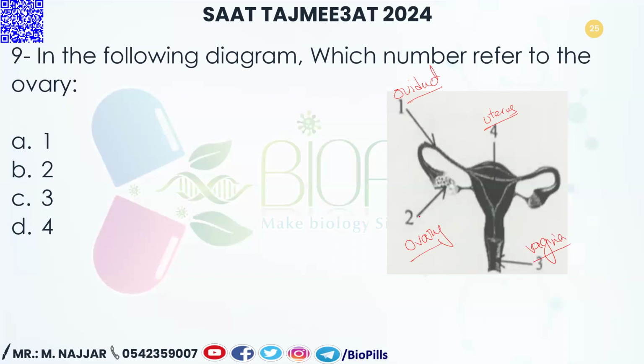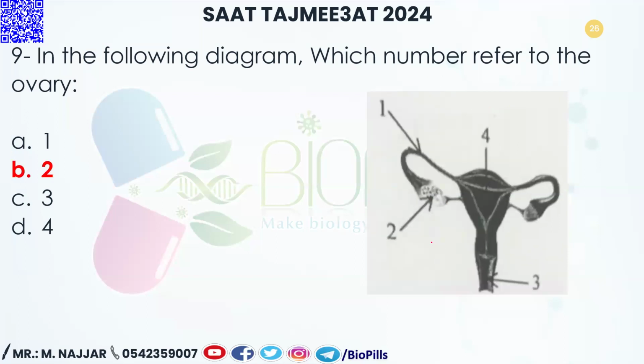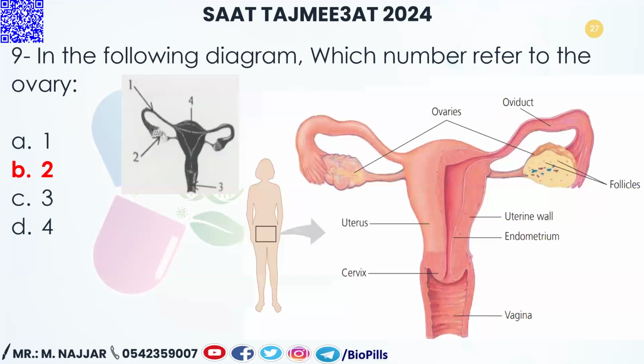So the correct answer is 2. This is the ovary, and those are the ovules. Those, that big 2, is the correct answer. This is the detail that I just explained. Here are the ovaries. Here is the uterus. Here is the oviduct. Here is the vagina.